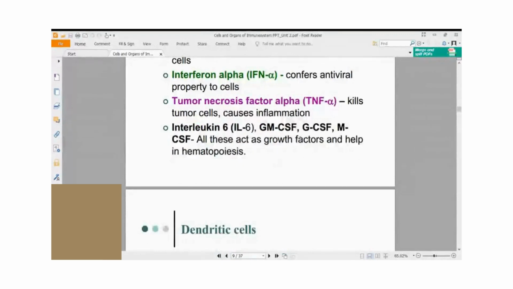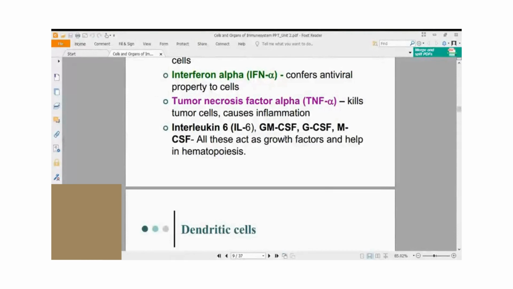Okay, so the macrophage, which is the tissue-residing monocyte, is nothing but a special type of immune cell responsible for scavenging the dead cells as well as processing the pathogens that enter the tissue spaces. And it is responsible for killing of the bacteria using reactive oxygen species.